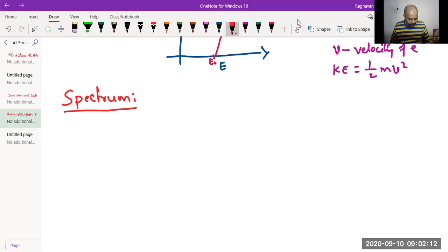Separation of different components of radiation when white light is passed through the prism is dispersion. After dispersion, what you obtain at the end is what is spectrum. So spectrum, for example, the visible spectrum is VIBGYOR, we say. Correct? Rainbow of colors. So the visible spectrum has 7 colors.